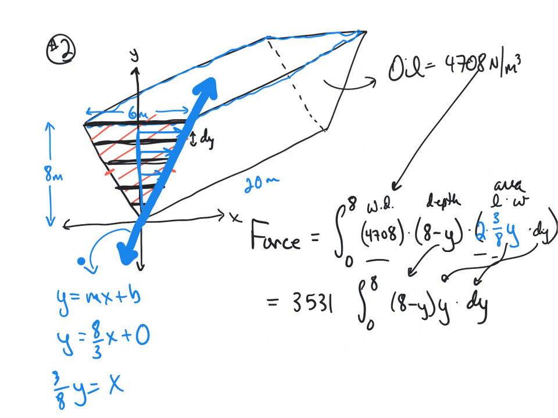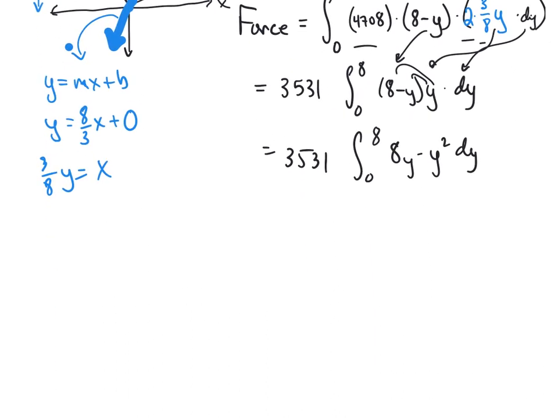Now to integrate that, of course, I need to use the distributive property because we don't have a product rule. So I'd need to distribute y times 8 and y times negative y. And now I'm all set to integrate by adding 1 and dividing by the new exponent. And then we'll be evaluating from 8 down to 0.